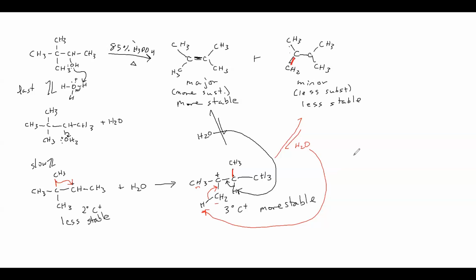And hopefully it makes sense that the preference is to form the more substituted, more stable alkene, right? That process is going through a transition state where you're forming a more stable alkene, so the transition state itself is stabilized.